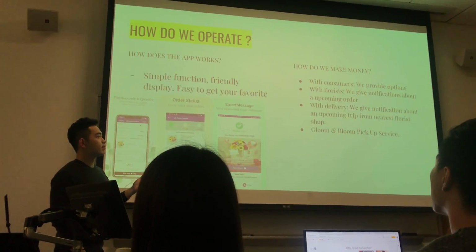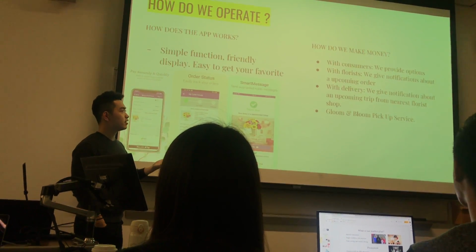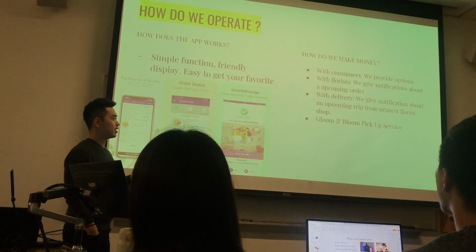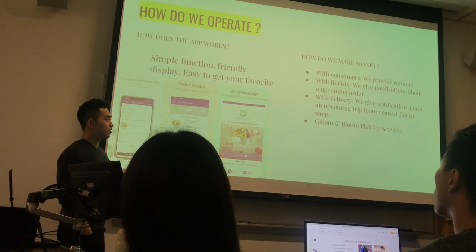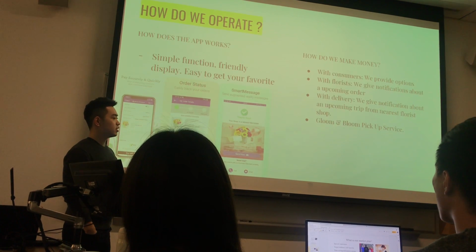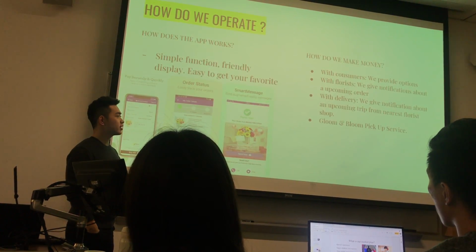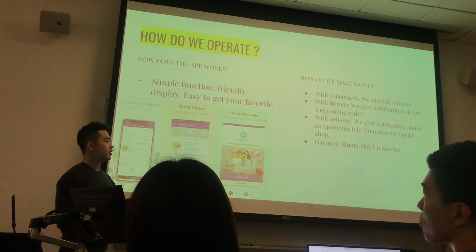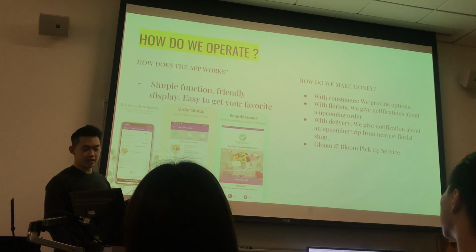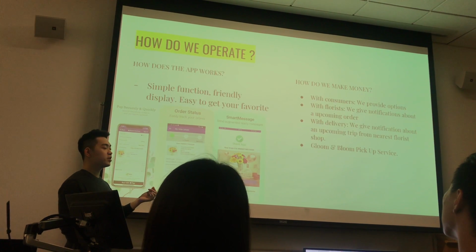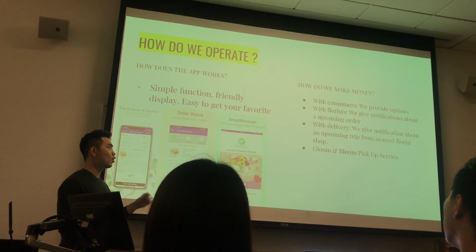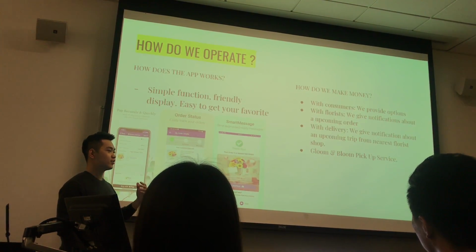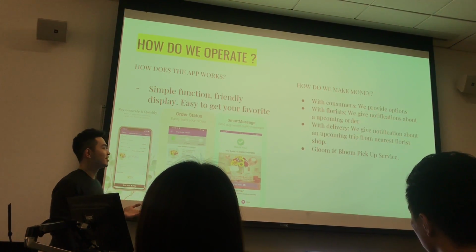To sign up as a Gloom and Bloom deliverer, we need them to provide a driver license, car insurance, and every needed document so they can become our delivery. We want to make sure no driver gets your flowers and runs away.